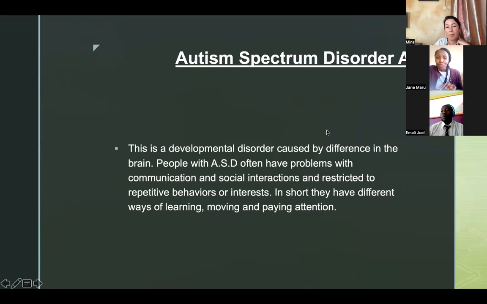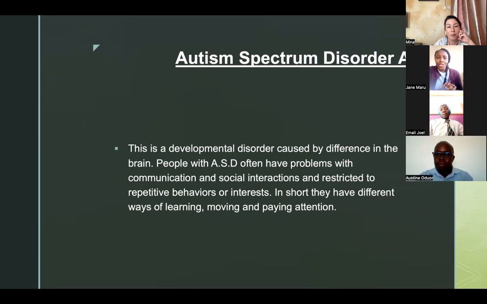This is a developmental disorder caused by differences in the brain. People with ASD often have problems with communication, social interactions, and restricted or repetitive behavior or interests. In short, they have different ways of learning, moving, and paying attention.